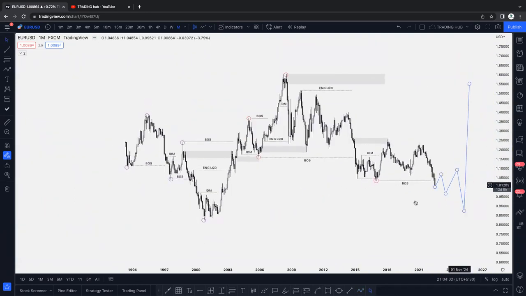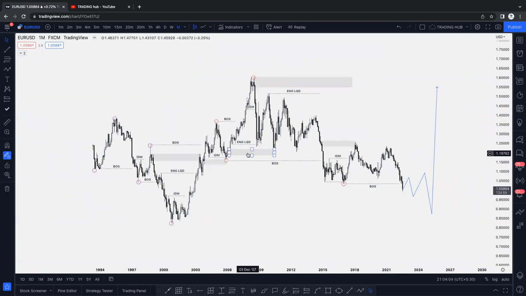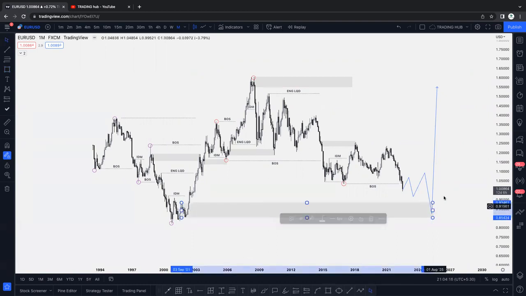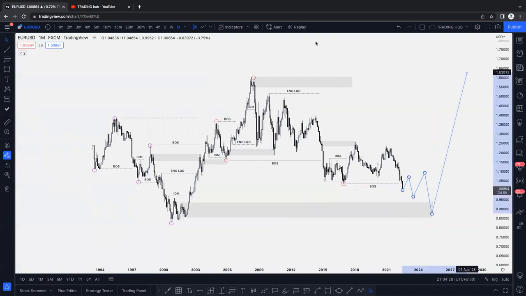And then looking for the upside move. Why? Because this is a monthly perspective, and in years, this can be a break of structure. And at this point, this can be a higher time frame demand zone, right? So we can see some buying reaction here to the upside, correct?